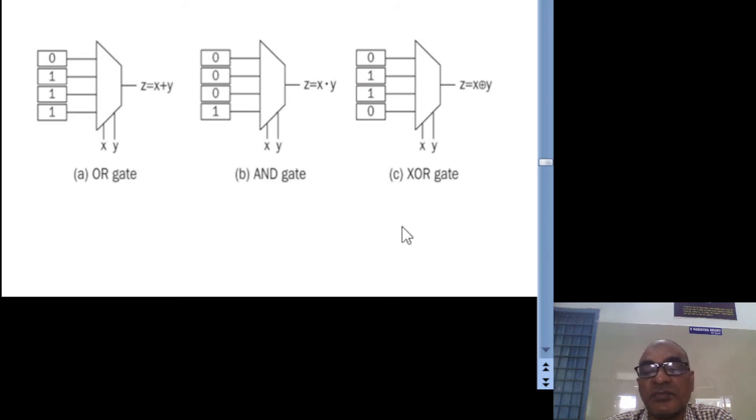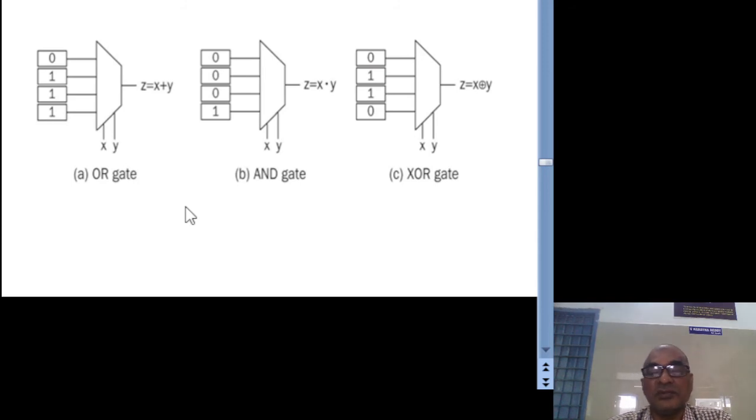Since two variables means 4 possibilities, in each possibility the output is loaded in this RAM, isn't it? This is the XOR gate output, this is the AND gate output, this is the OR gate output. So the output value has to be loaded in the RAM. Then the variables act as select lines for the multiplexer. So like that the lookup table realization will be there in the CLB.